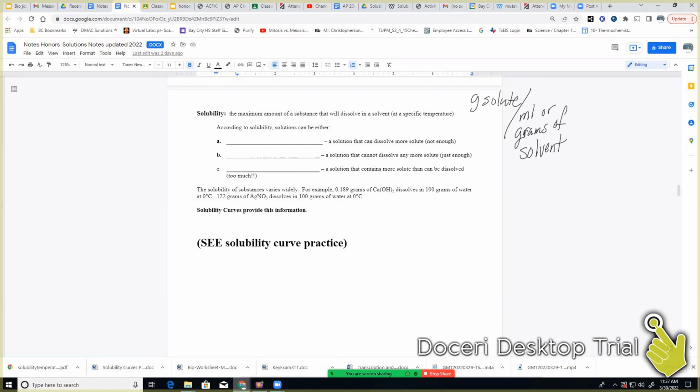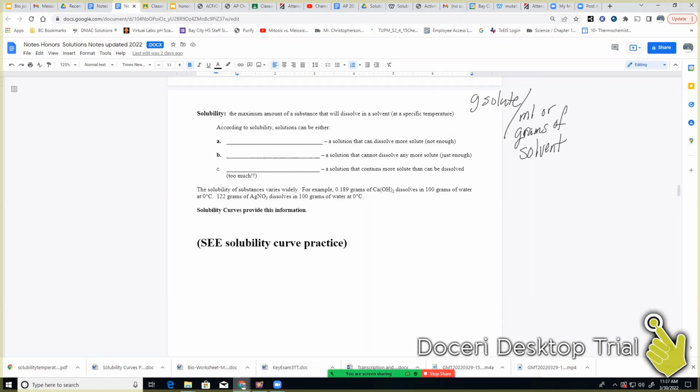So if you just look at your solubility curve that you picked up from practice, on that first graph, it says that we're looking at grams of solute per 100 grams of water. So if we made some adjustment and we maybe change that to just 50 grams of water, then we would have to make that mathematical adjustment too. So that's why you need to be sure to notice what you have on your y-axis.